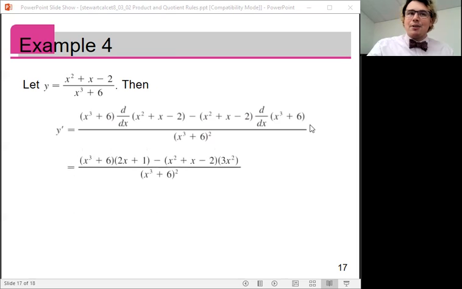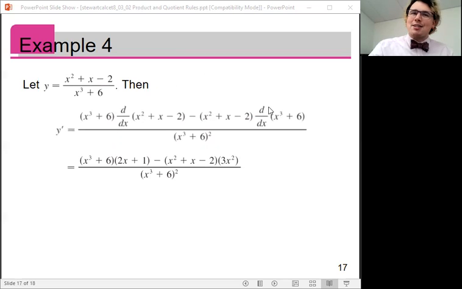Okay, so I can calculate those derivatives, the ones in my numerator here. The derivative of x squared plus x minus 2 is 2x plus 1. I can do every single piece using the power rule, and I just add them up the same as they were in the original polynomial.